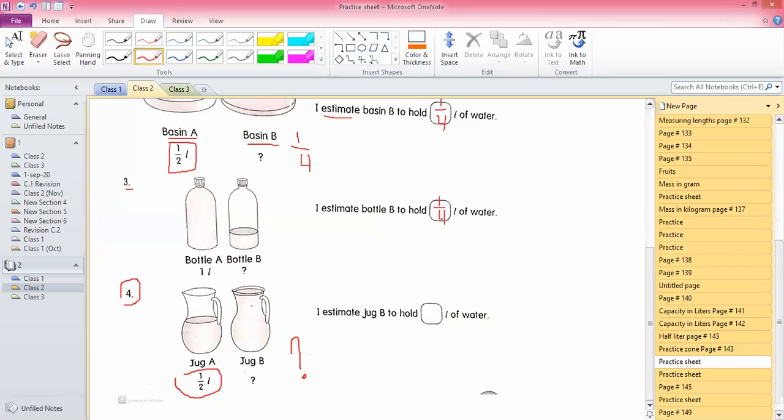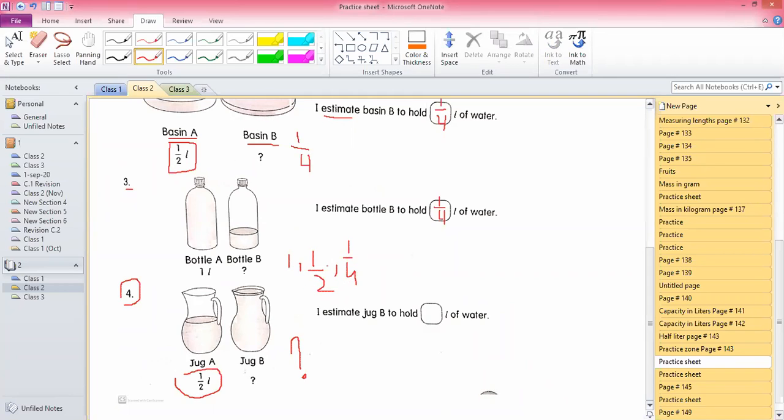So the full jug is equal to how many liters? This jug should be equal to either 1, half or quarter.